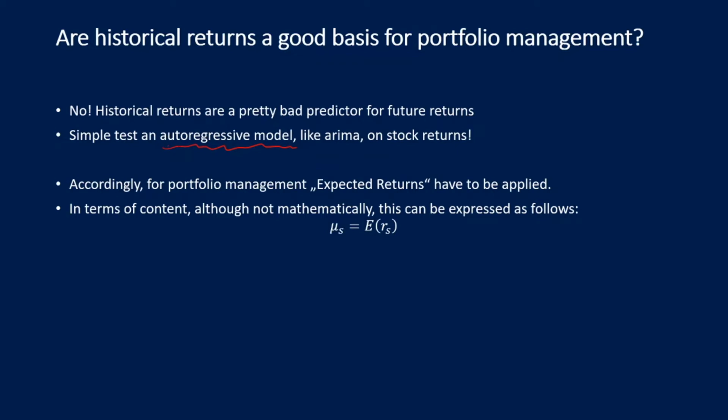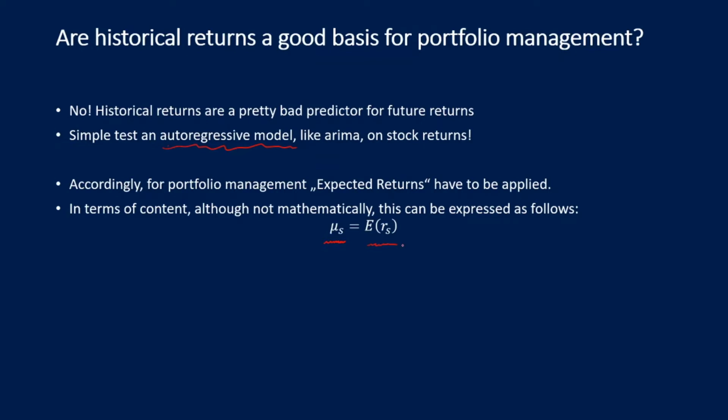Accordingly, for portfolio management, we must rethink returns, and we have to go over to expected returns. And mathematically, we denote expected returns with mu. So mu with the index s is the expected return of stock s.